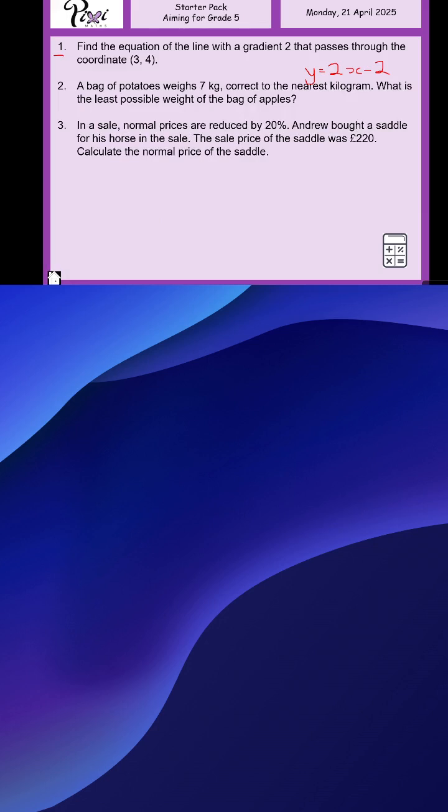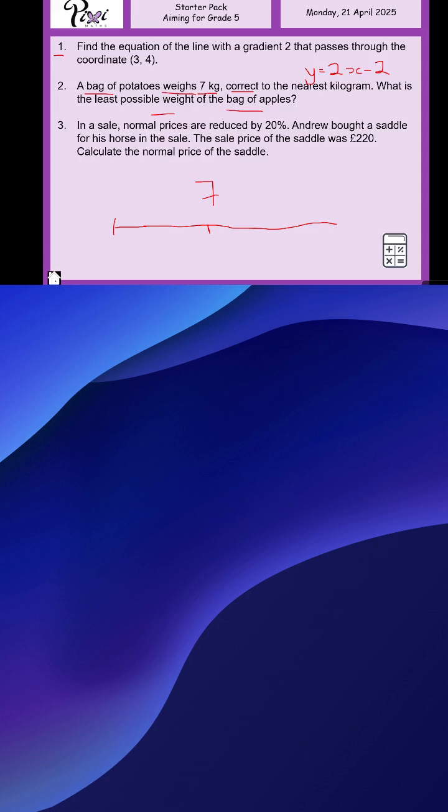Number 2. A bag of potatoes weighs 7 kilograms, correct to the nearest kilogram. What is the least possible weight of the bag of potatoes? So this topic here is looking at lower bounds. Think of it like a number if you're unsure: what's the smallest decimal it can be such that when I round it to the nearest whole number, I get 7?